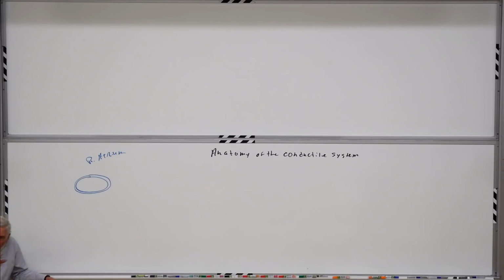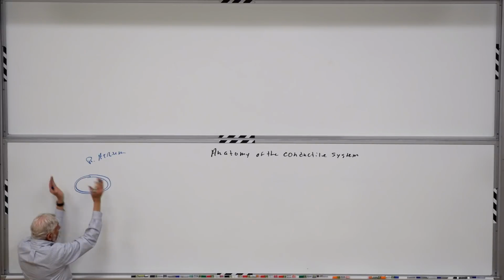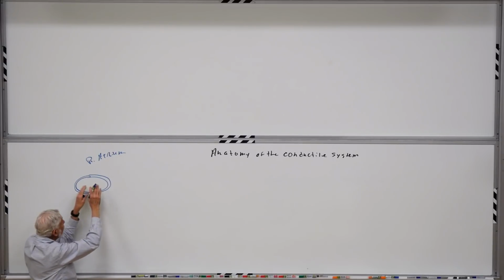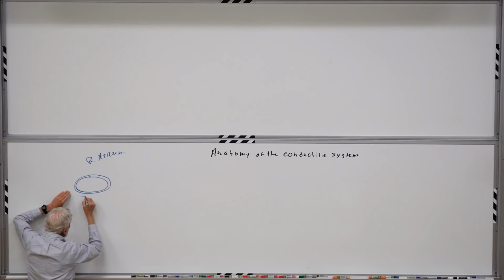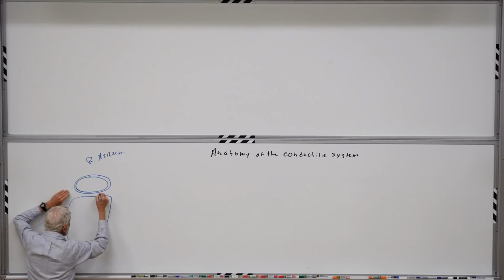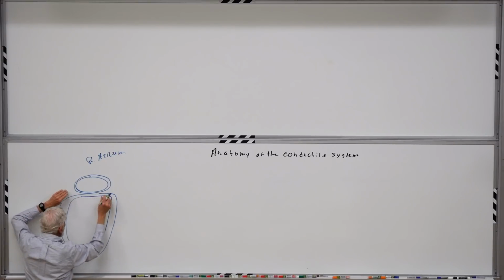Now, recognize that when I drew these before, I wanted to emphasize the open chamber, and I don't want to emphasize the open chamber today. What I want to emphasize is the wall, so that rather than looking at the chamber, think of this as a hollow structure, and what we're going to look at is the surface of the right atrium and the surface of the right ventricle with the myocardium.